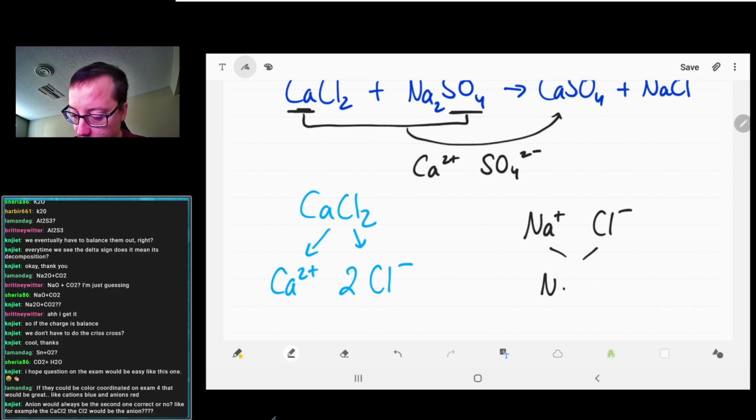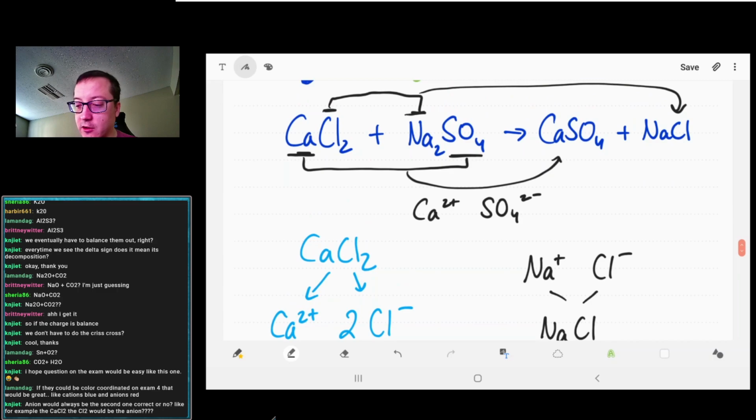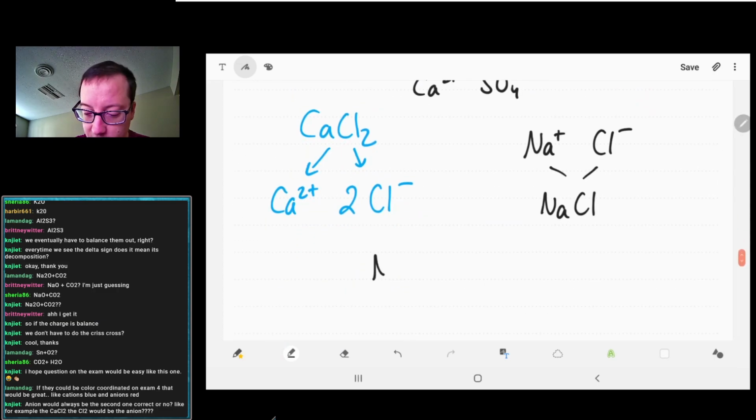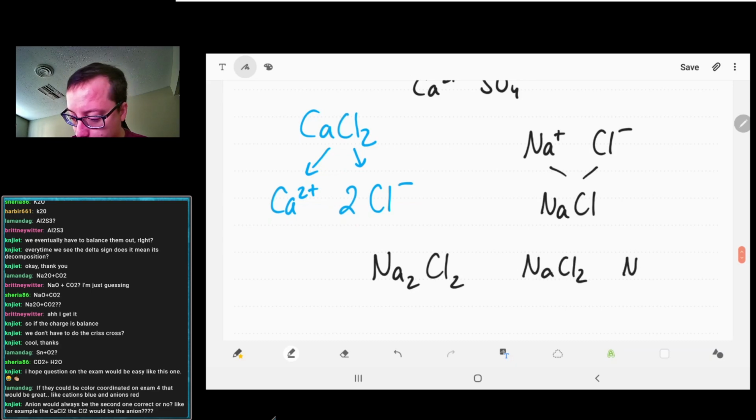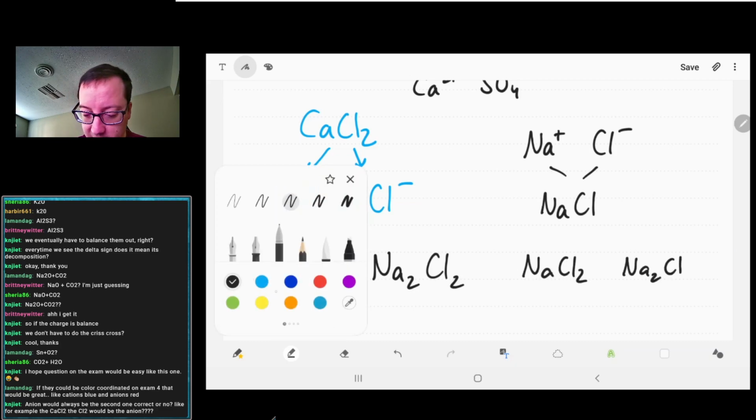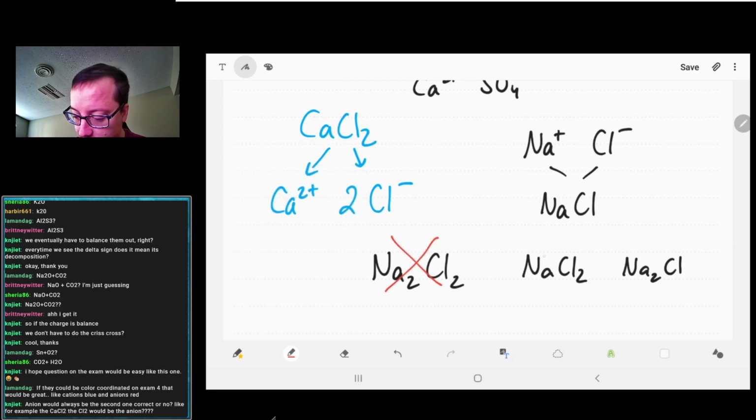So you should get this. Cl2 is not an anion, it's just Cl minus, right? That 2 there is telling you how many of that ion are needed to balance the calcium. So you're going to form NaCl, not NaCl2, right? There would be a lot of things that would make me very sad. All of these would make me very sad if someone were to write them.